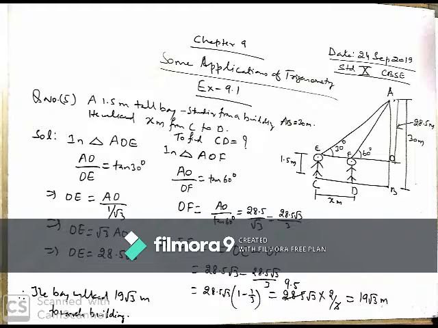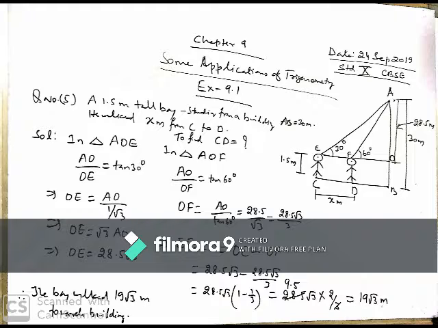He is actually watching only this point, AO. So from 30, subtracting his height 1.5 meter, we get AO. So AO will become 28.5 meter. With this, we go for the calculation.